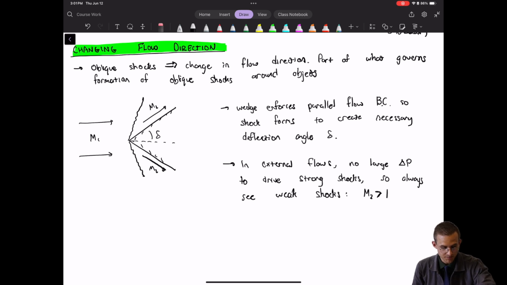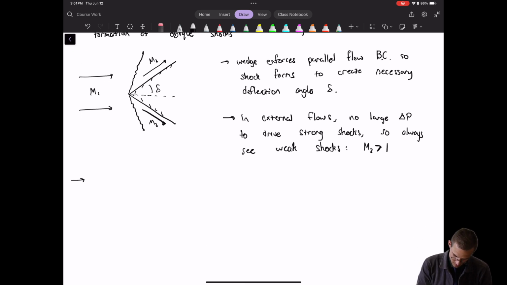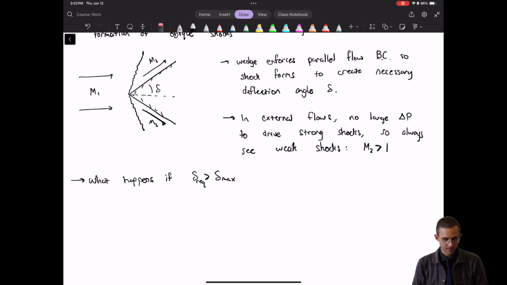So the question becomes, what happens if the required deflection angle is greater than delta max, right? What happens if delta is greater than delta max? We'll just put delta required. What happens is that the shock becomes detached.